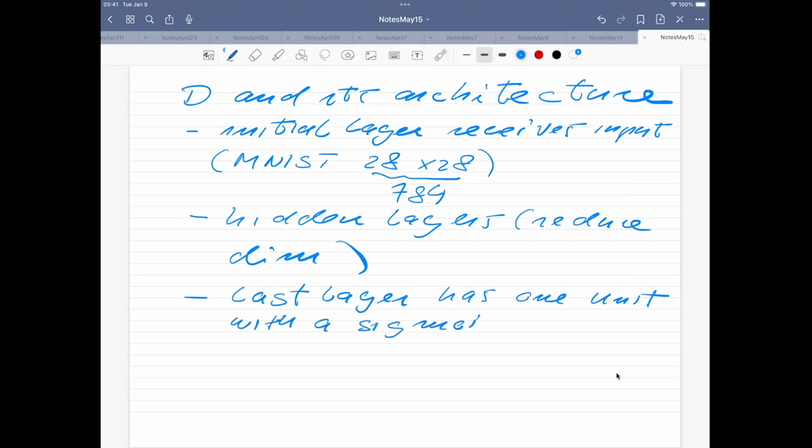And that outputs either 0 or 1. So if the output is 0, that means that this is a fake image, with only 0 or 1 as outputs. And 1, then it's a real image.